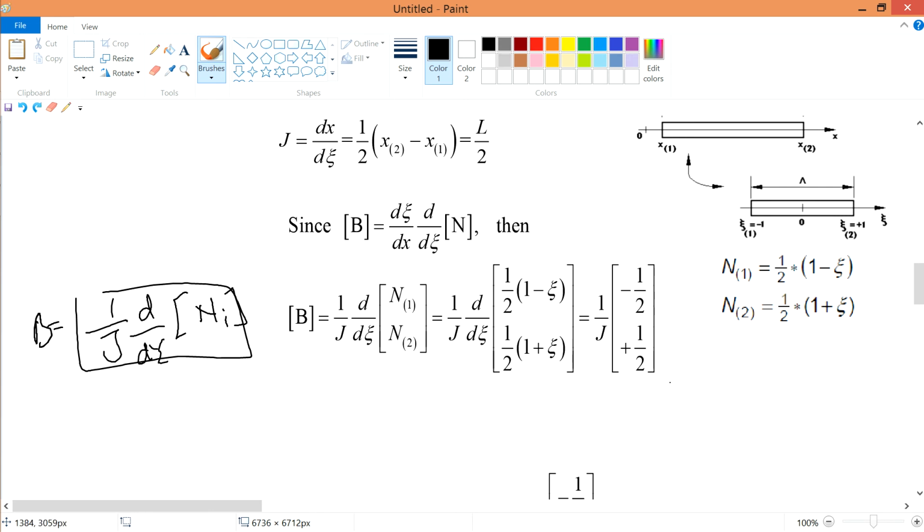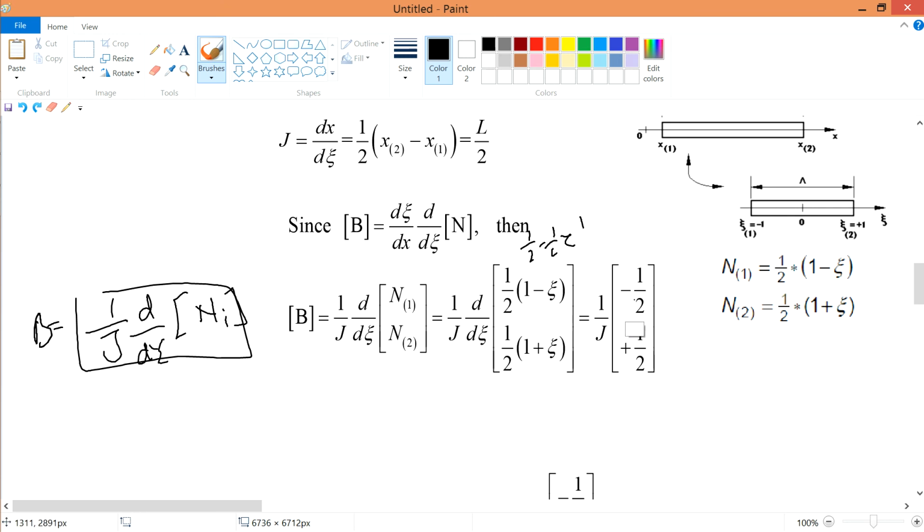If you remember, we plotted from u to x and from x to c, so we're going to use the shape functions of c to substitute in. Then you're going to differentiate d over dc. If you differentiate half minus half c in terms of c, you'll have half only.